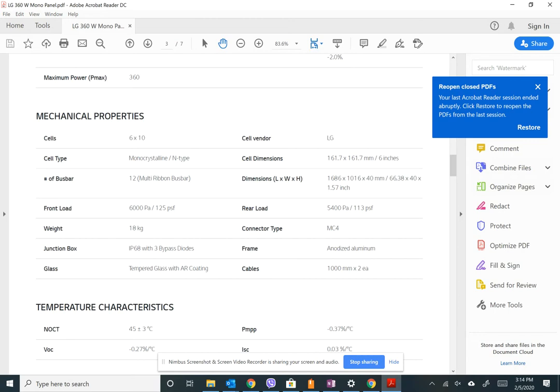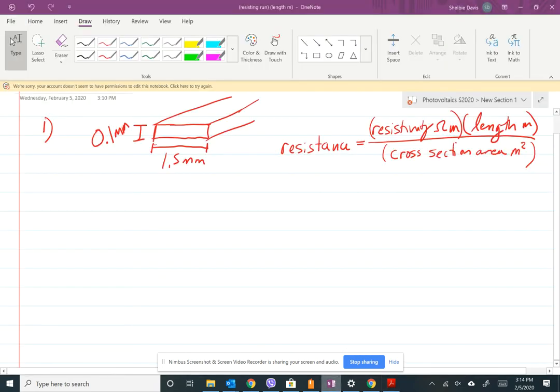All right, so we'll go back here. So we have 161.7 millimeters times 161.7 millimeters. That's our measurement cell dimensions.